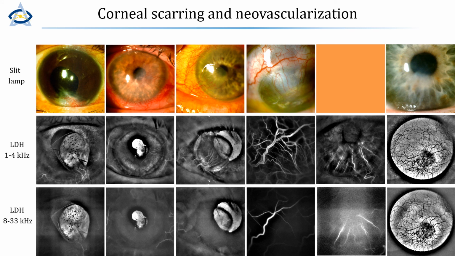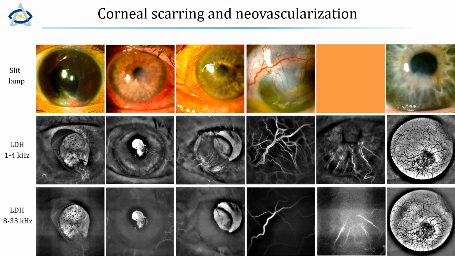Right, and finally, here are some examples of corneal scarring and neovascularization that then again we image with slit lamp and LDH at different frequency ranges. The first one had an implant, that's why it's looking a little bit weird.